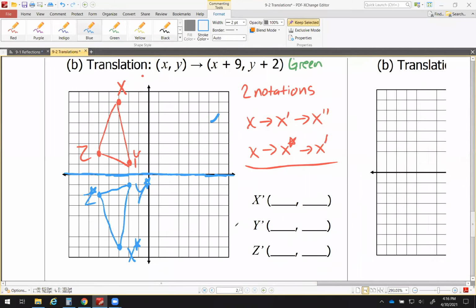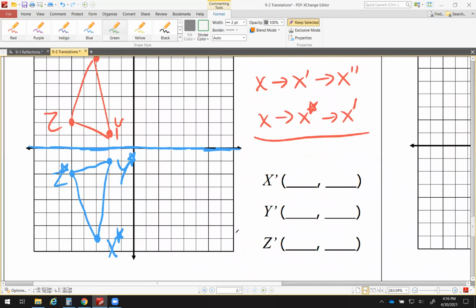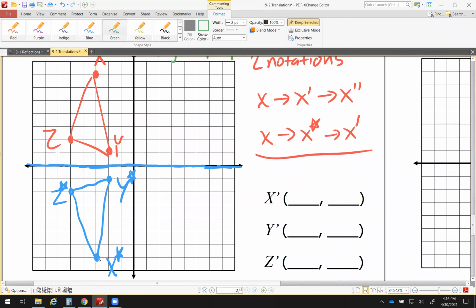And then what we're going to do is apply this translation of right by 9 and up by 2. Okay, we're going to apply this transformation of right 9 up 2, and so x is going to go over 1, 2, 3, 4, 5, 6, 7, 8, 9, up 2.